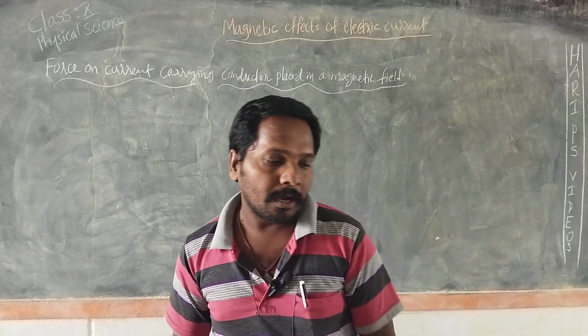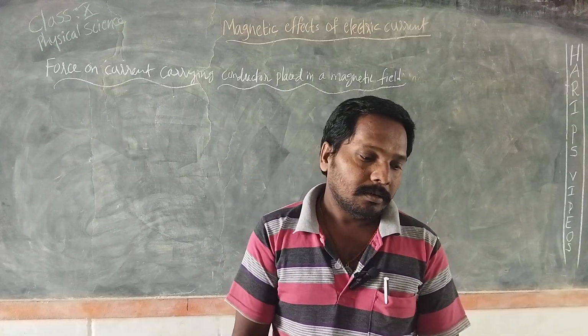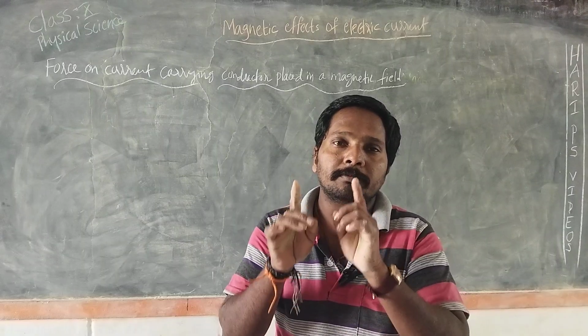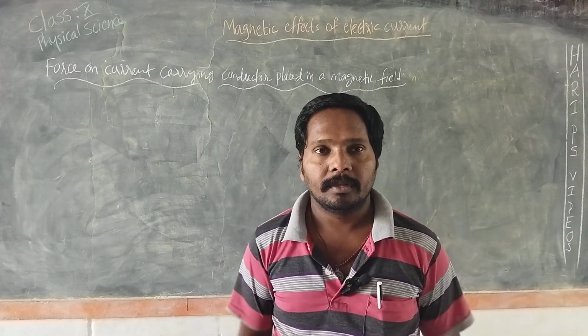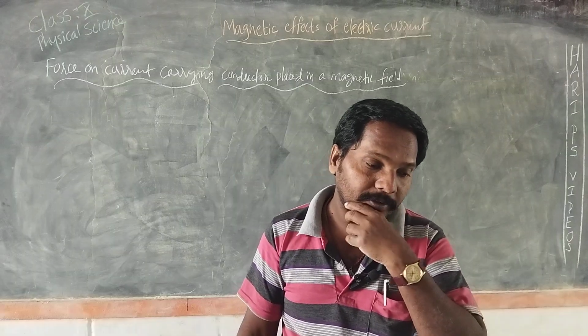We have seen that, we have discussed that, right? A current carrying wire produces a magnetic field. A current carrying conductor produces a magnetic field.